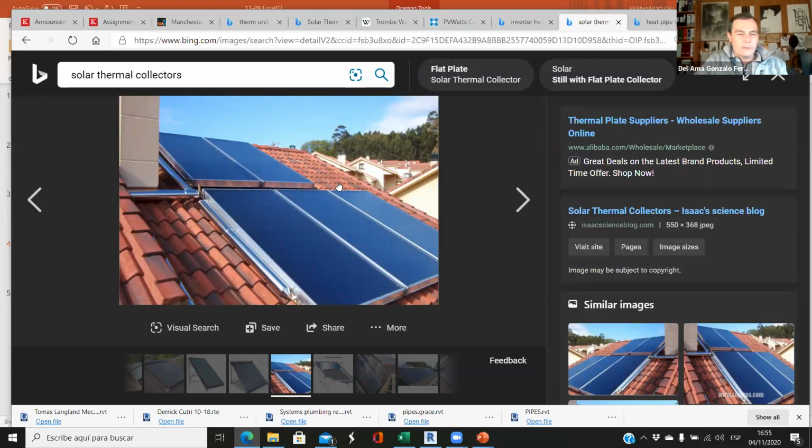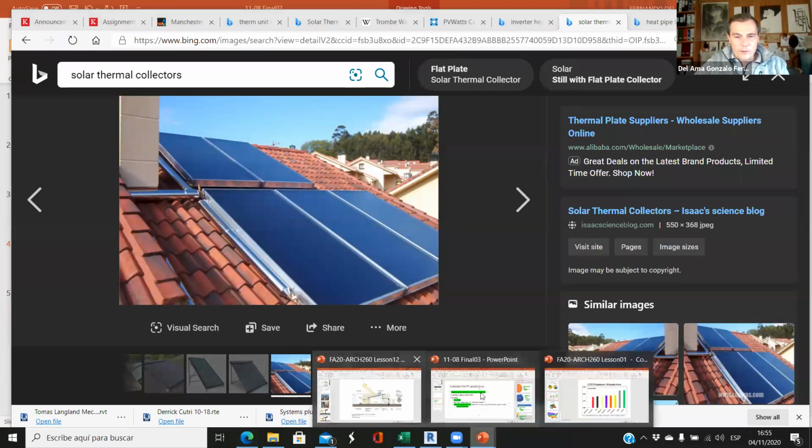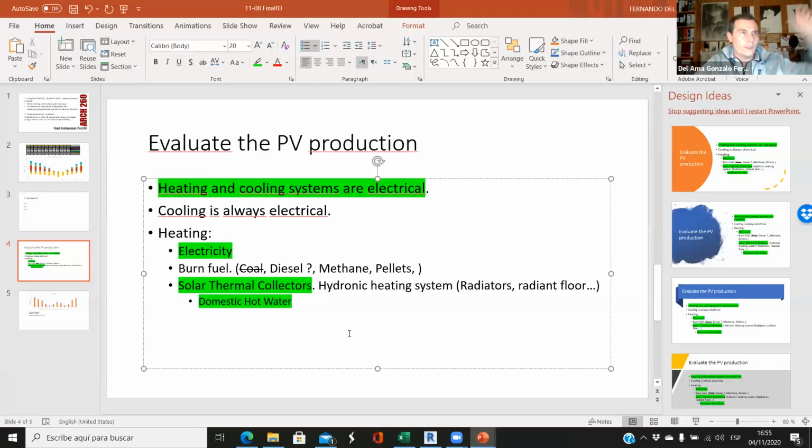The PV panels are great because they produce electricity, and then we can use this electricity for everything. Here, we only produce hot water, but there are a lot of things we can do with hot water in buildings. We have domestic hot water, the water that we use when we have a shower or open the faucet. And we can use hydronic heating systems, like radiators, radiant floors.